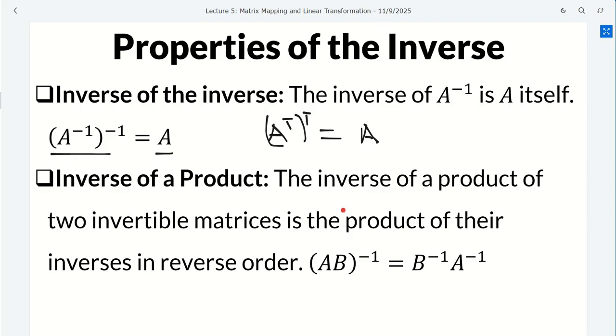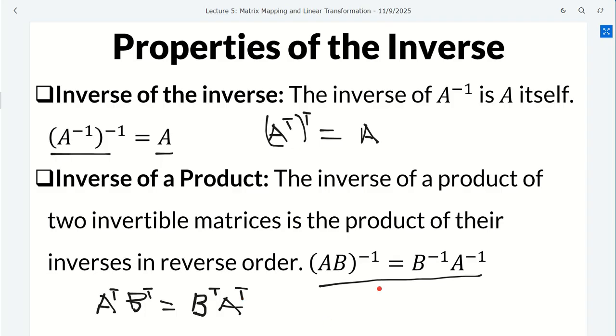Then the inverse of a product. The inverse of a product of two invertible matrices is the product of their inverses in reverse order. We also saw this in transposition: if you have A transpose and B transpose multiplying, it is the same as reversing the order.